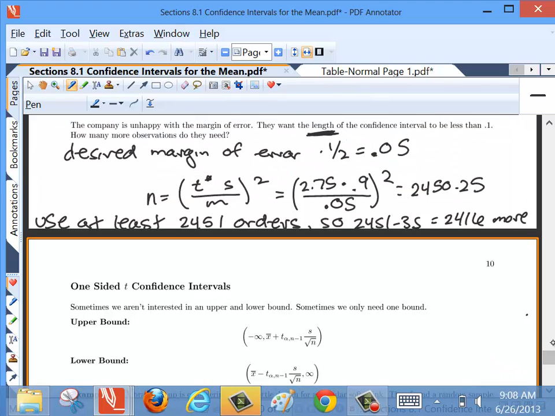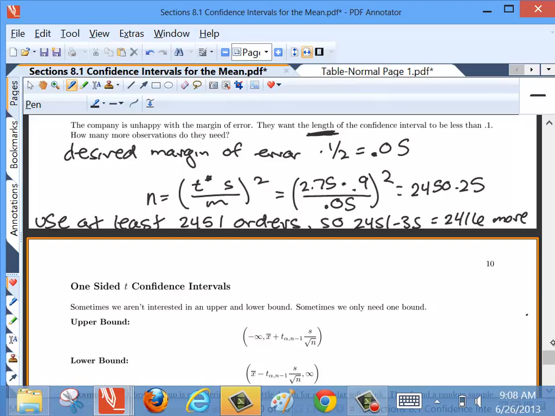Now, here's where we get to talk about our one-sided confidence intervals. I'm just going to do the formulas for one-sided t, but you could do the same thing for a one-sided z just as easily. Sometimes we're not interested in our upper and lower bound. Sometimes we only need one bound.